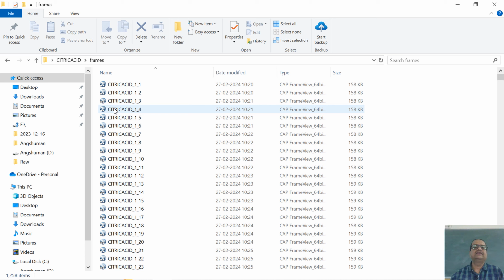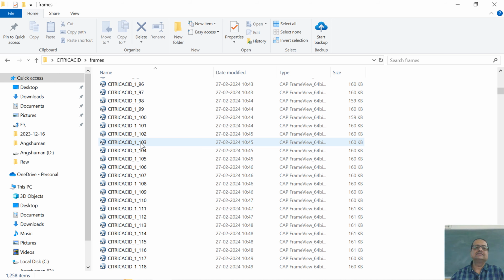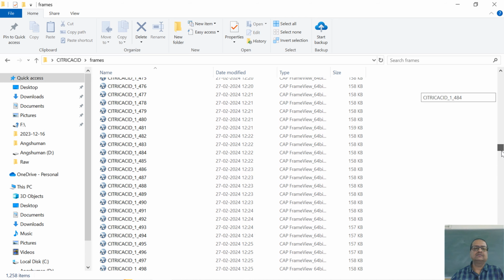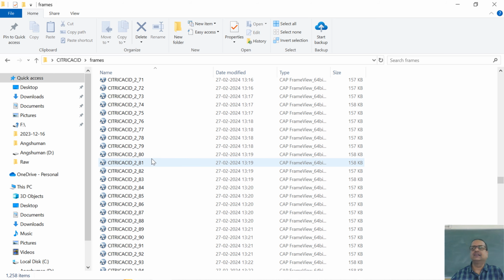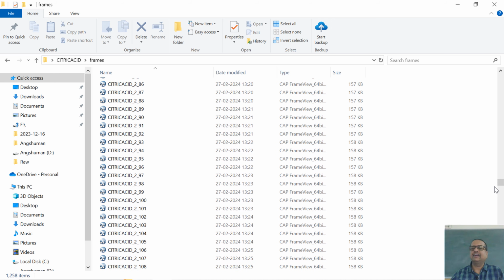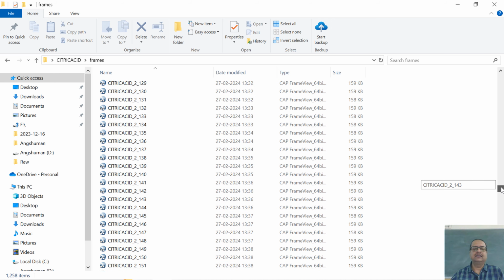If you are trying to write citric acid, you write it as citric_acid or citric-acid, but not citric space acid, because whenever you write a folder name with a space, at some point the software may not read the space. And here it says 1_ something, which means this is from set 1, and as you scroll down, at some point you will see 2_, that means this is the second run of data.